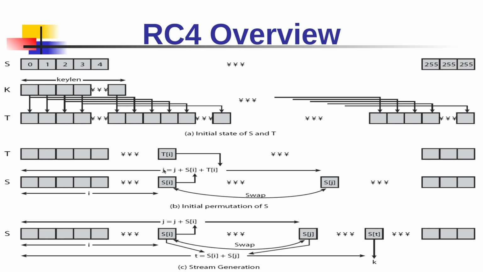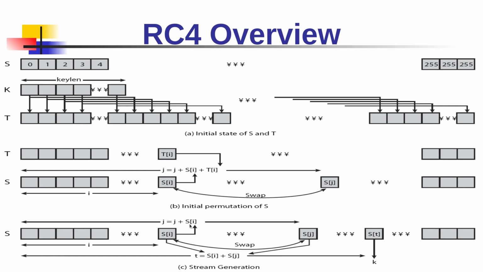The j value is calculated as j plus Si plus Ti, and these j values are then used for the permutation. Si and Sj will be swapped. Once the swapping has been done, we calculate j is equal to j plus Si.